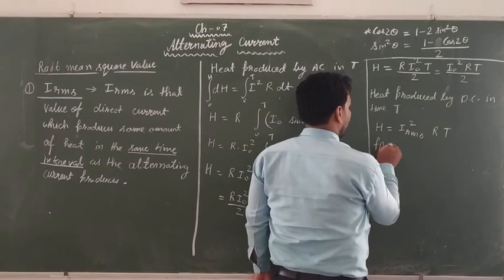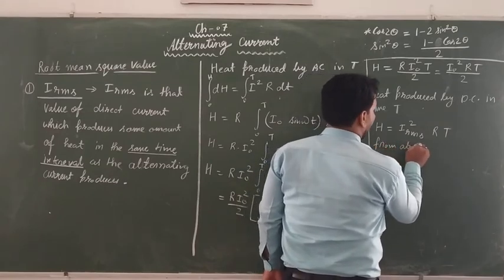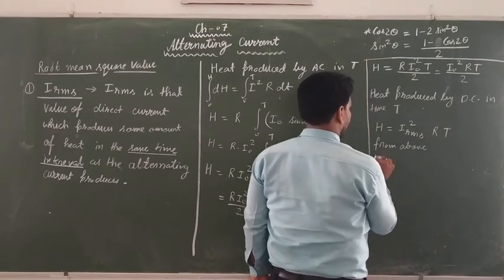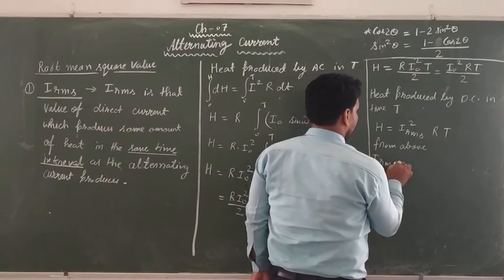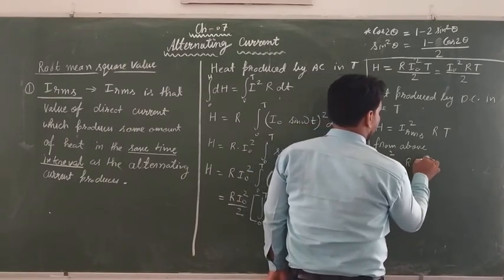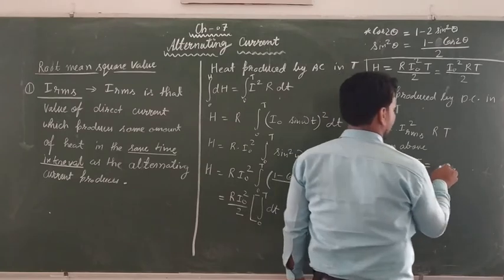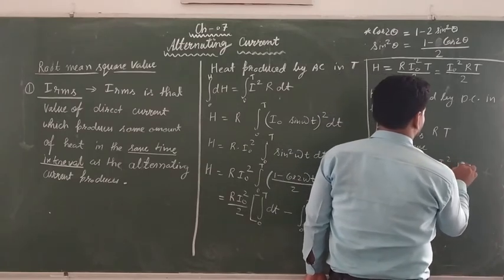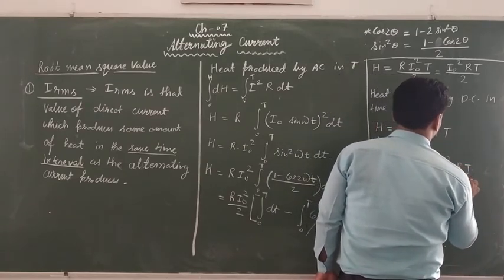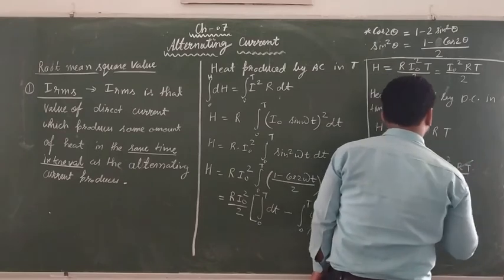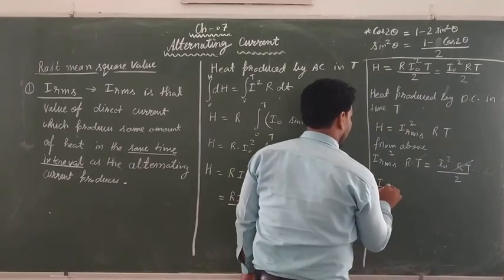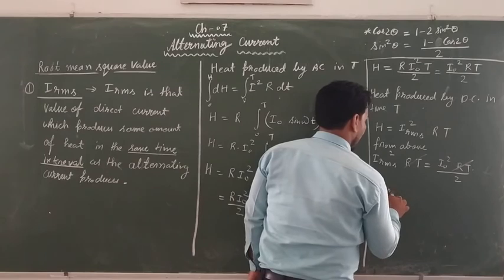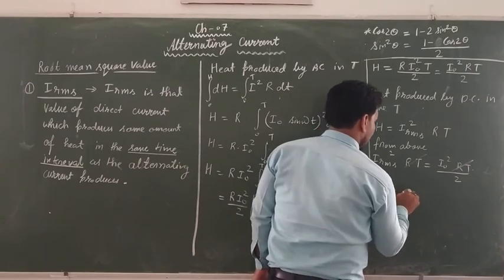From above, we should write I_RMS² into RT must be equal to I₀² RT upon 2. So RT and RT will be cancelled out, and we are going to have I_RMS.